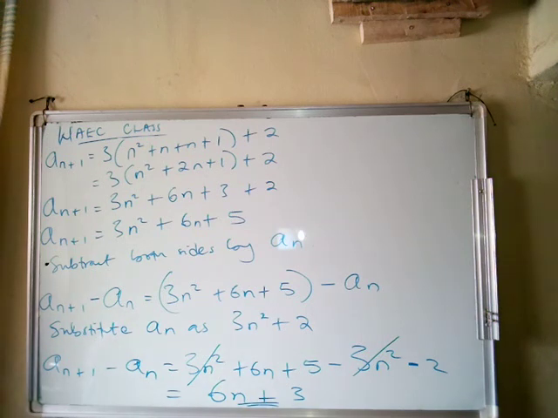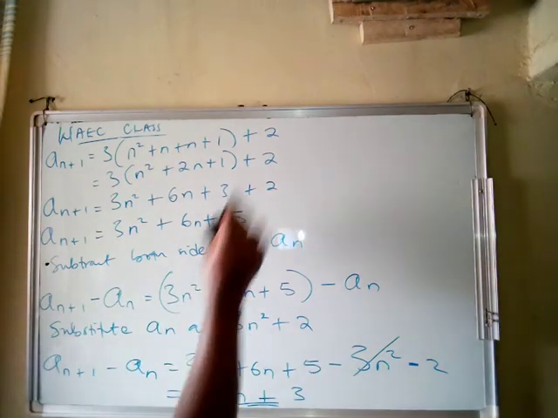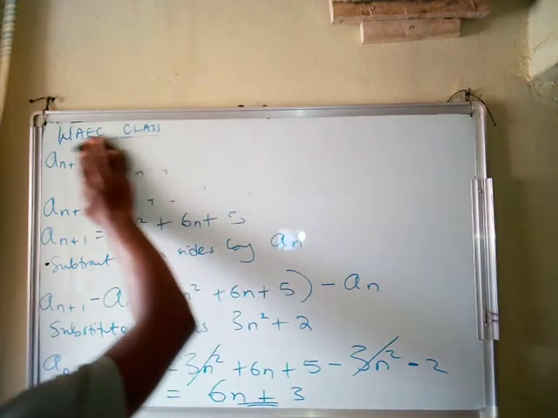No. Notice that a_(n+1) minus a_n is not independent of n, because we are getting an algebraic expression but not a whole number. So what that means is that a_(n+1) minus a_n is not a constant. So let's express that.